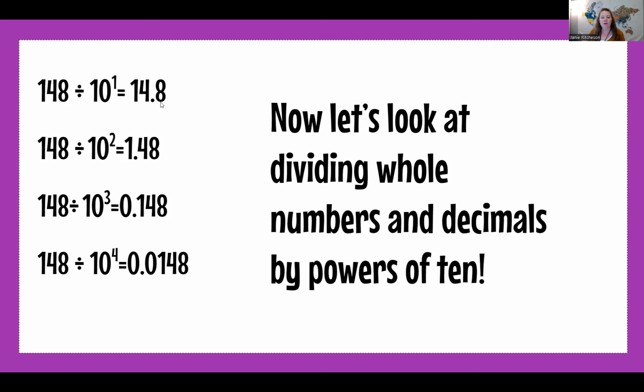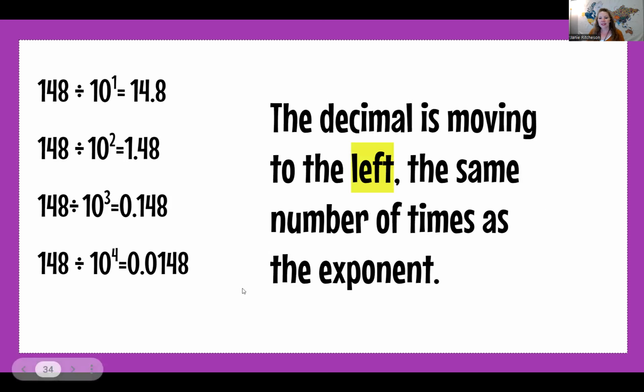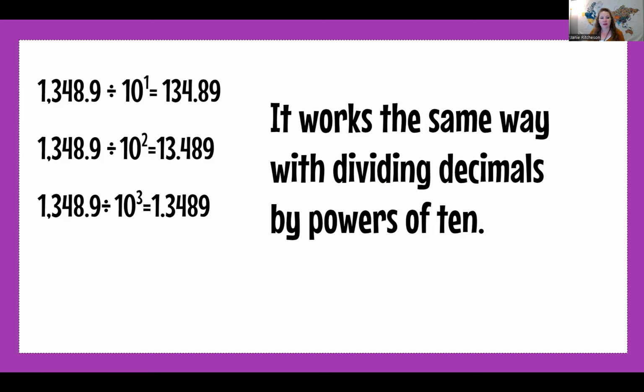So the decimal would move up and be between the 4 and the 8. On the second problem, we're moving our decimal to the left 2 places. On the third one, we're bringing our decimal to the left 3 places. And on the fourth one, you can see what happens. The decimal is moving to the left the same number of times as the exponent.